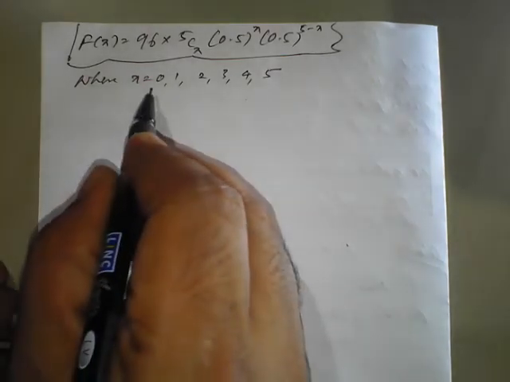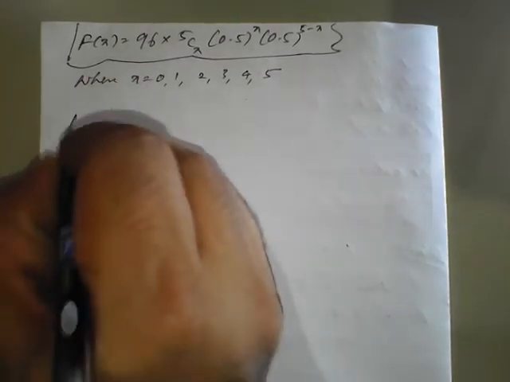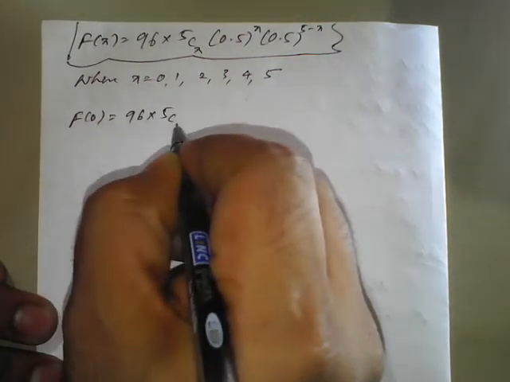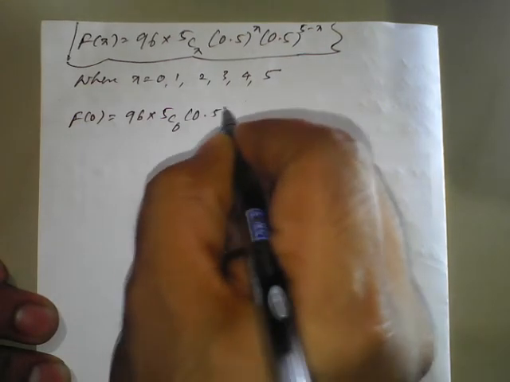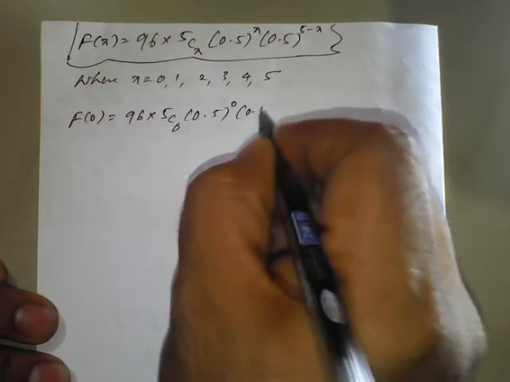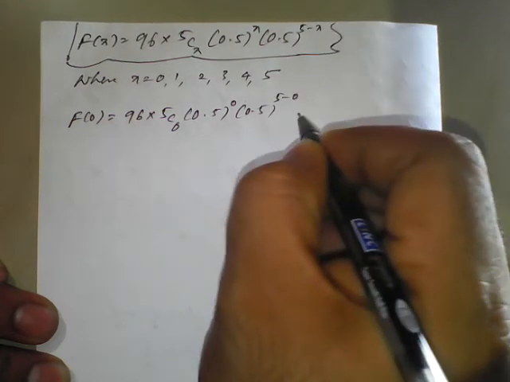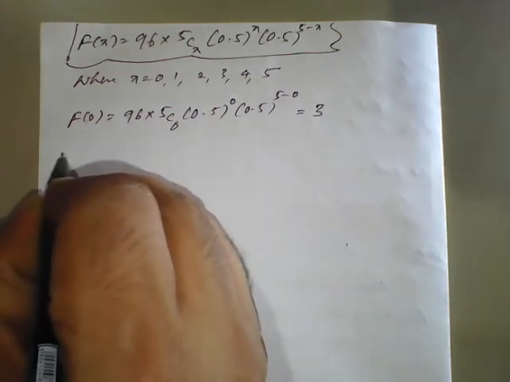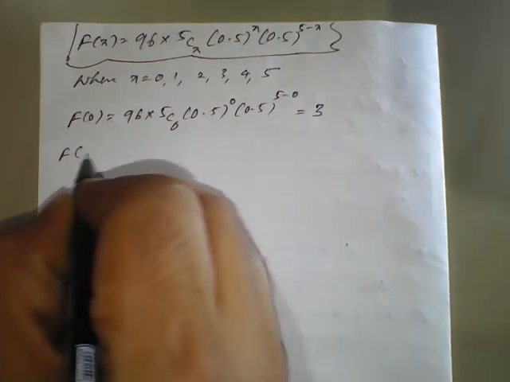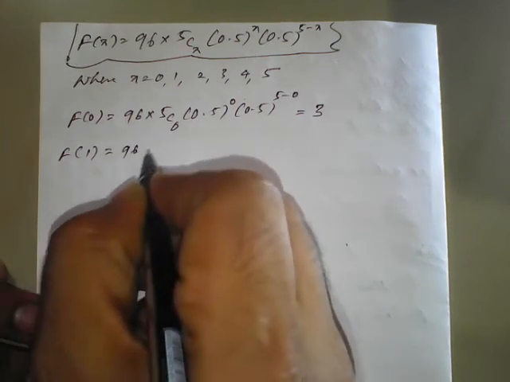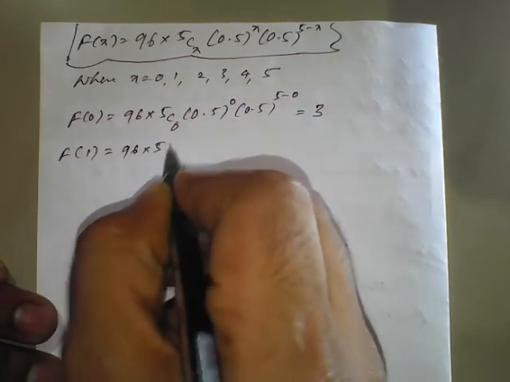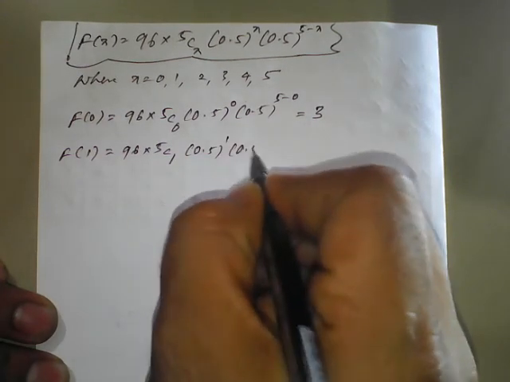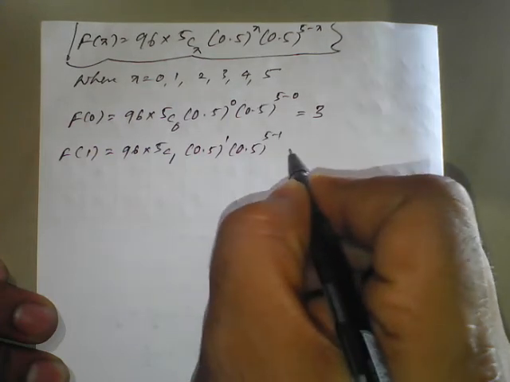Now we'll put x equal to 0. f of 0 is equal to 96 into 5C0, 0.5 raised to 0, 0.5 raised to 5 minus 0. After simplification we get the answer 3. Next, f of 1 is equal to 96 into 5C1, 0.5 raised to 1, 0.5 raised to 5 minus 1.